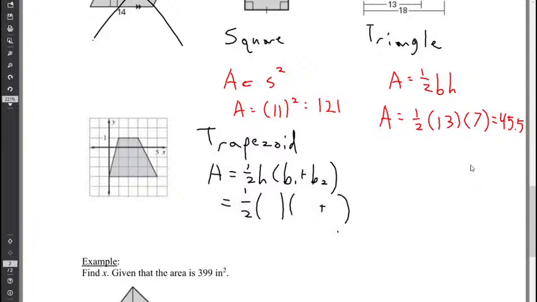Now, in a trapezoid, the bases are the lengths and distances that are parallel to each other. So in this case, our bases that are parallel to each other are this length and this length. Those are our two bases.